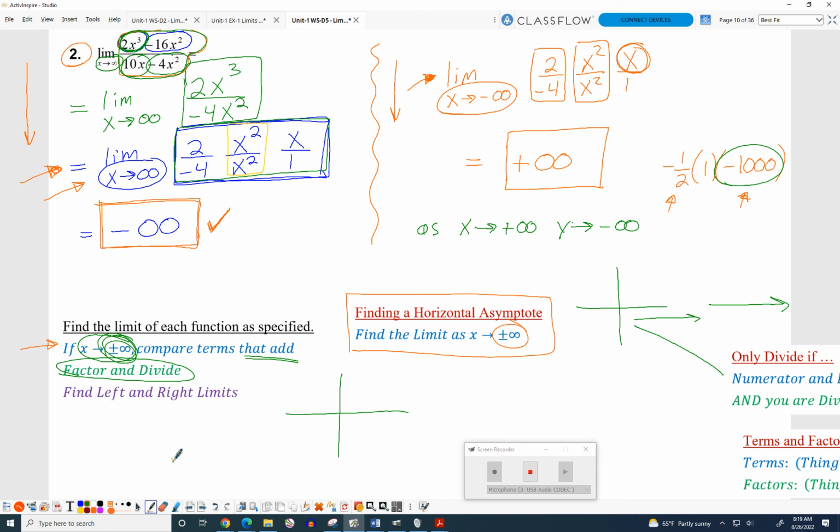It actually could do things I don't really know. Graphing isn't a big part of AP Calculus, so my graphing skills are weak. So when I look at this, I can't tell you exactly what it's going to look like. All I know is that over here, the points are climbing. Over here, the points are going down. So there's no horizontal asymptote. We can finish this. 2 for Aspen.